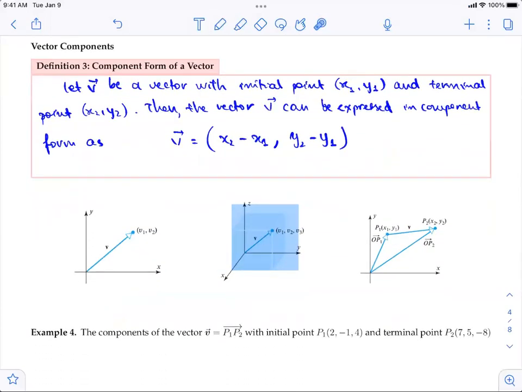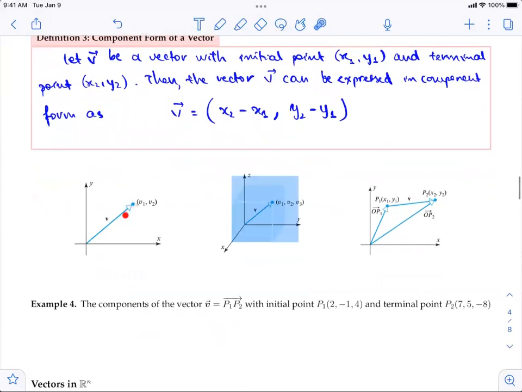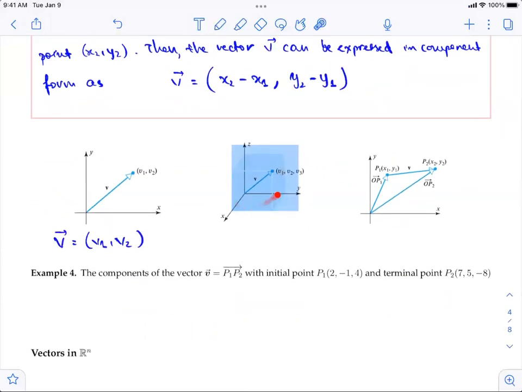So in this case, again, you see this is a two-dimensional vector, and a two-dimensional vector has the form v1, v2, and a three-dimensional vector is v equal to v1, v2, v3. On the xy plane, you have 2 points.